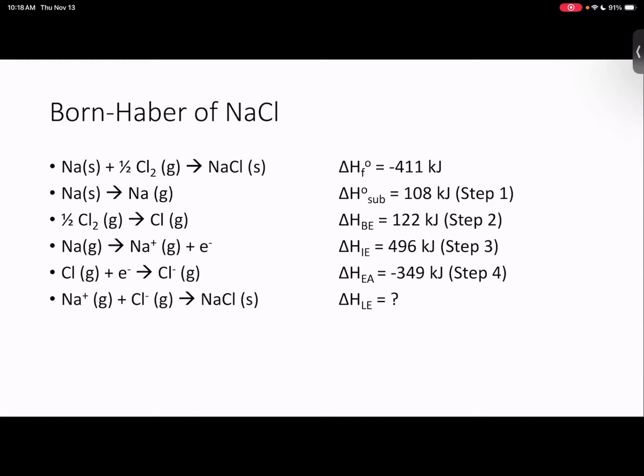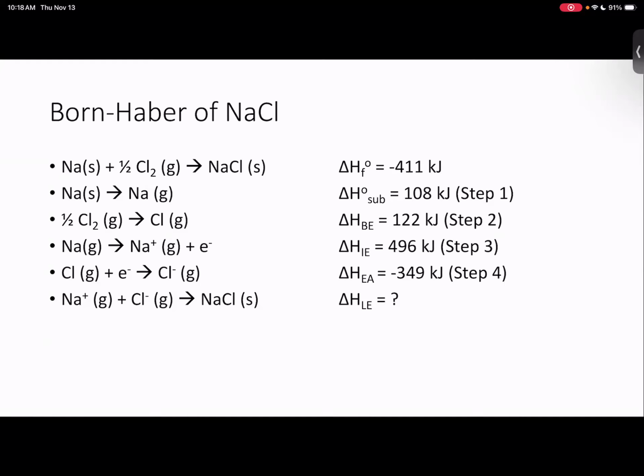We can look up the bond energy associated with the breaking of the chlorine bond to make chlorine atom, and that's 122 kilojoules of energy. We can look up the ionization energy for sodium to form sodium ion, and that's 496 kilojoules of energy. And we can look up the electron affinity for chlorine, and that's a negative 349 kilojoules of energy.